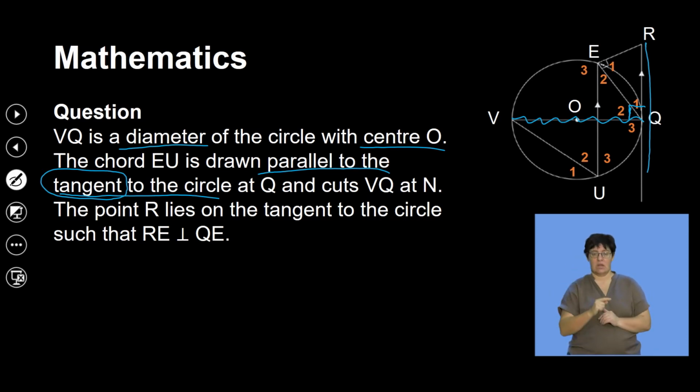And since they are parallel, then it will be co-interior angles, corresponding angles, and some alternate angles there. And now the last statement is the point R lies on the tangent to the circle such that I have that perpendicular relationship, and they've actually shown us on the diagram.